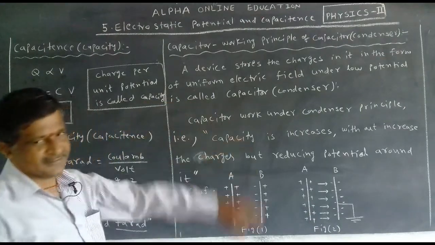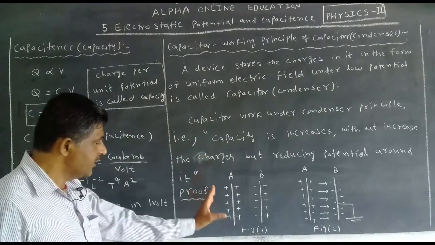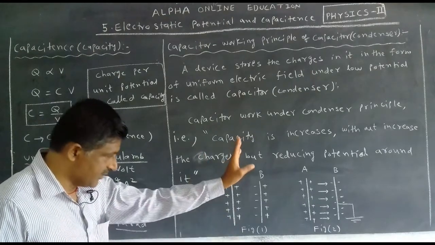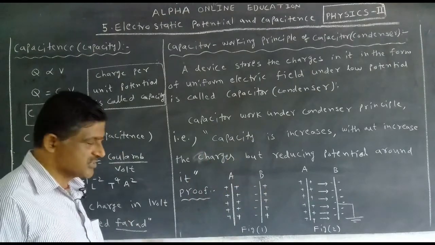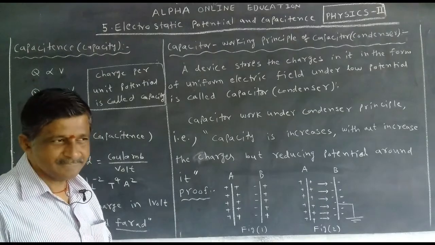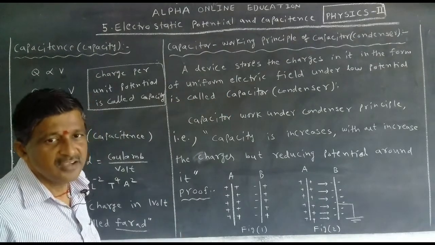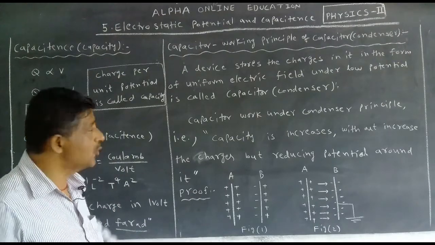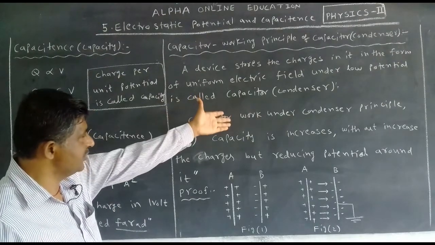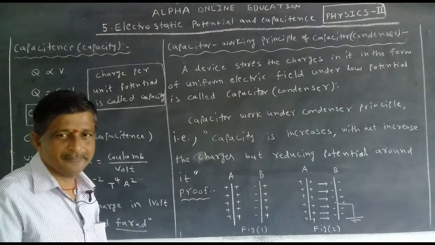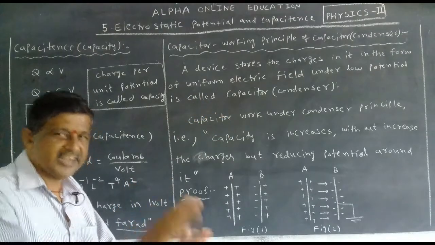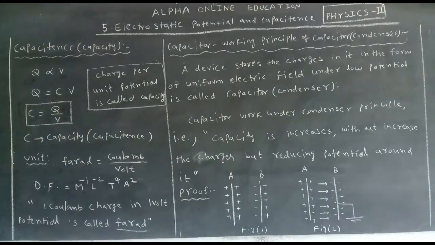To prove that, we take one figure and then the next figure. From this, we will clearly discuss the working principle of the capacitor or condenser, and the definition of the capacitor or condenser is also satisfied. Now let us see how we can prove that.